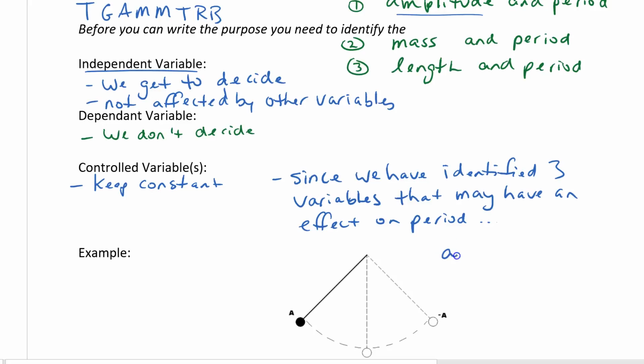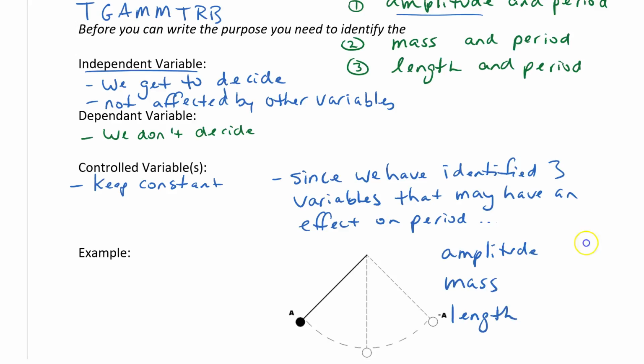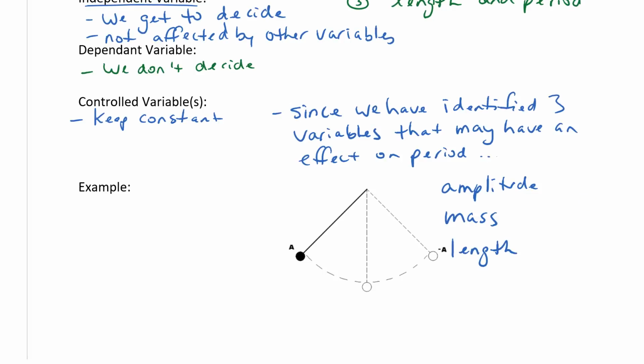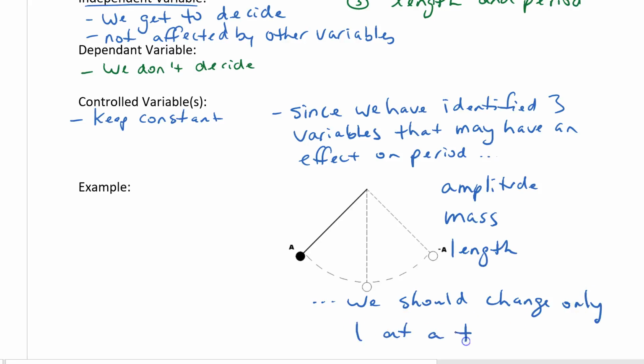They were amplitude, mass, and length. So since we've identified those three, when we are changing one of them, say amplitude, we keep the other ones controlled. We keep them constant. Let me finish my sentence. Since we have identified three variables that may have an effect on period, we should change only one at a time.